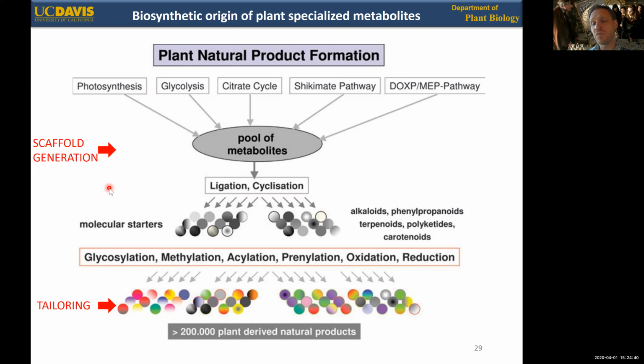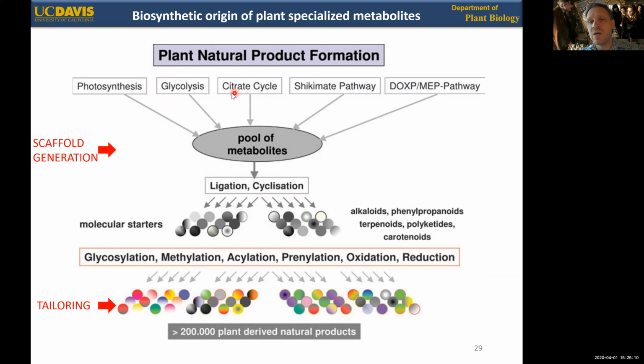So the origin of all these specialized metabolites comes from central general metabolism. And so these are your common pathways that any organism is using as a pool for metabolites for producing any kind of biomolecule, right? And so this is photosynthesis, obviously, glycolysis, glycolytic intermediates, or TCA cycle intermediates, which are really key metabolites that you can draw on to make more specialized compounds.